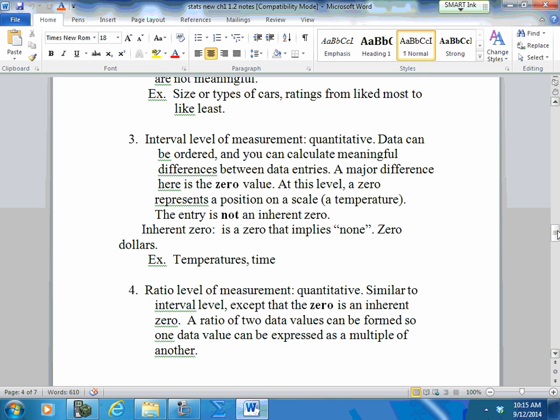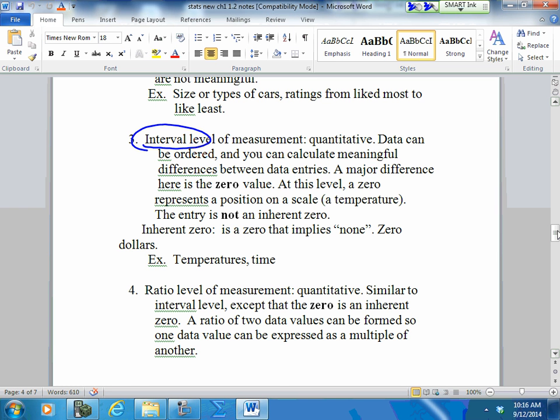Interval. Interval is the toughest one. Interval data is always quantitative. We can have order to this. We can order this. And we can have meaningful differences, such as the temperature. We could say this is 3 degrees colder.